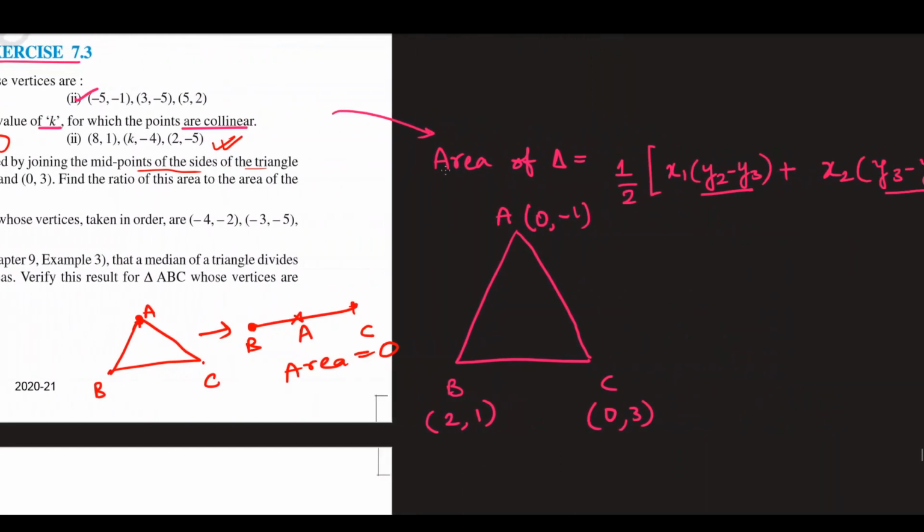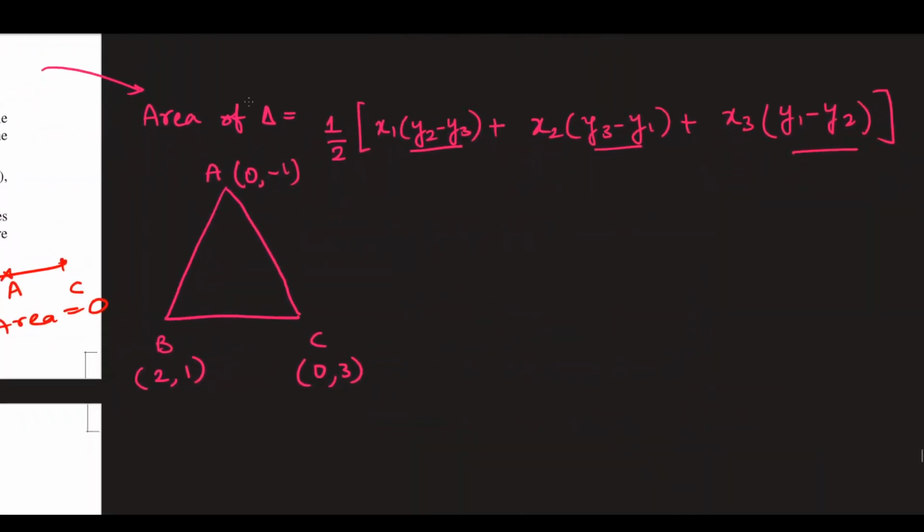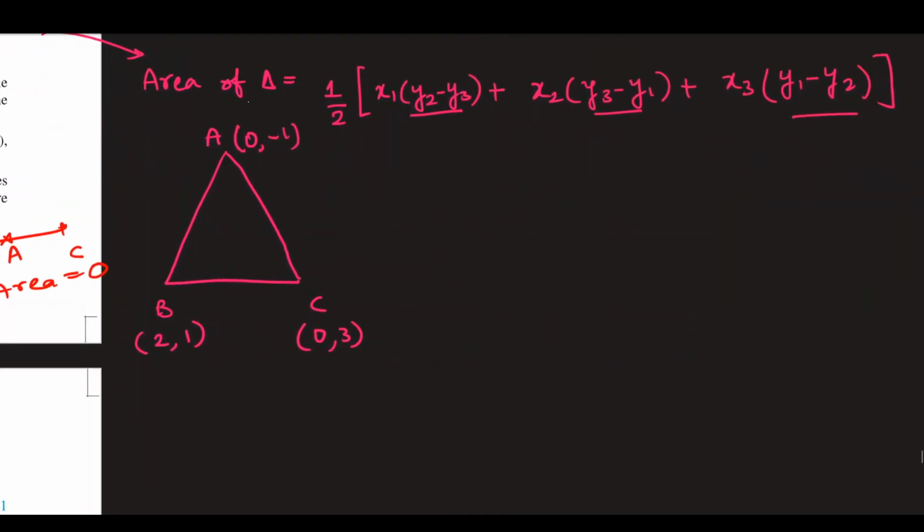The question says to find the midpoints of the sides, suppose they are D, E and F, and we join them to form a triangle, and we have to calculate this area.